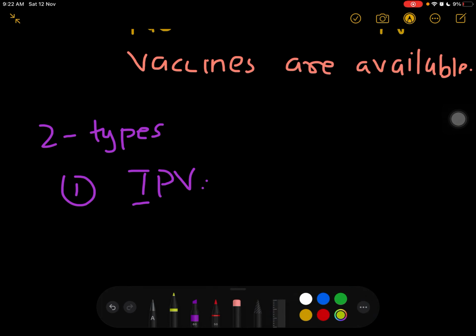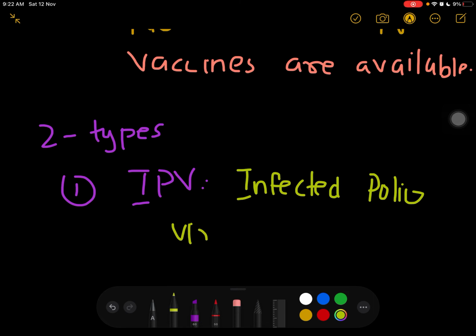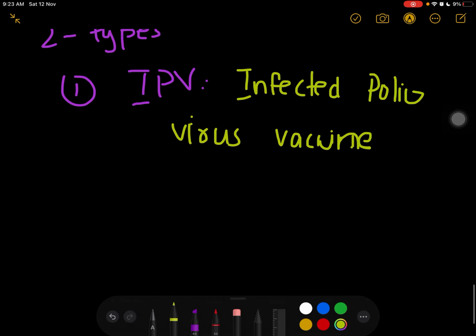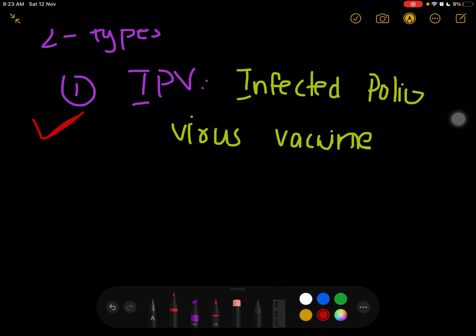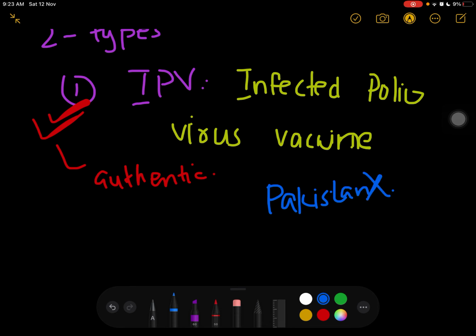It means inactivated polio virus vaccine, and this is the most effective and authentic one, but it is not given in Pakistan, right?